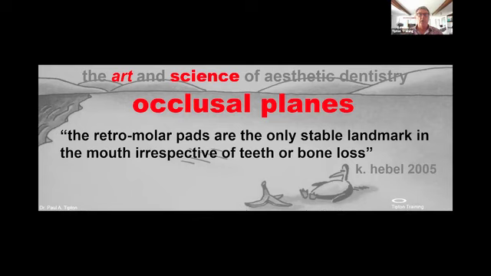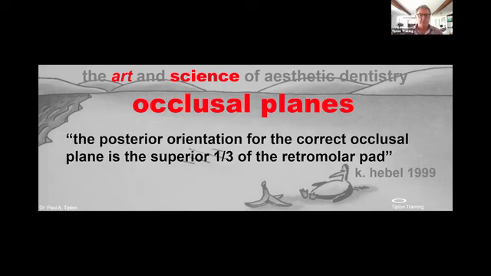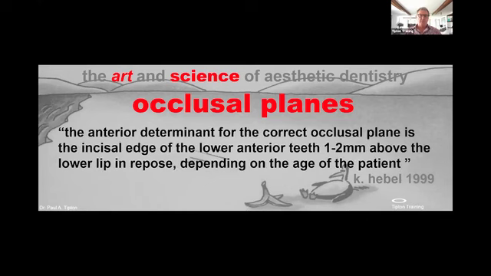2 posterior, 1 anterior. My 2 posterior reference points are the retromolar pads. We know that our curve of Spee, our posterior occlusal plane, goes through the retromolar pads. So we're going to use that as our 2 posterior reference points, and we're going to make that the superior third of the retromolar pads. And then we're going to look at our anterior reference point.